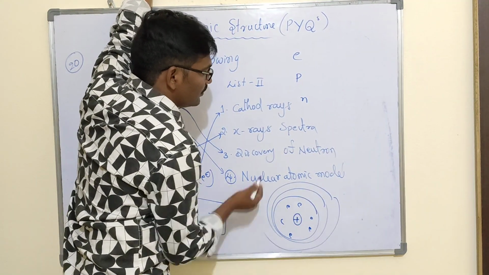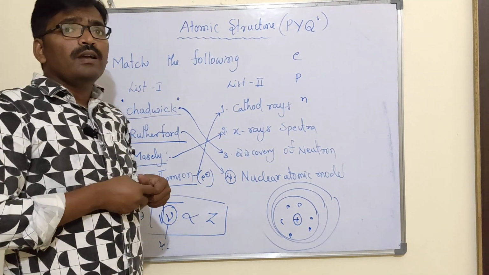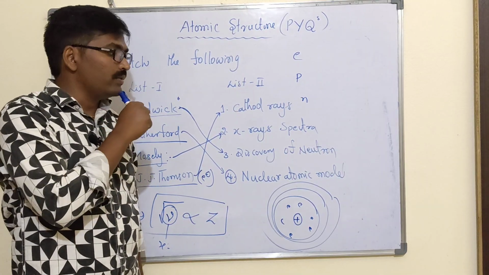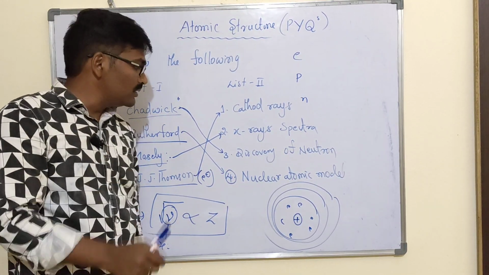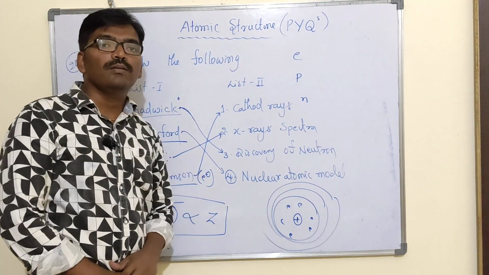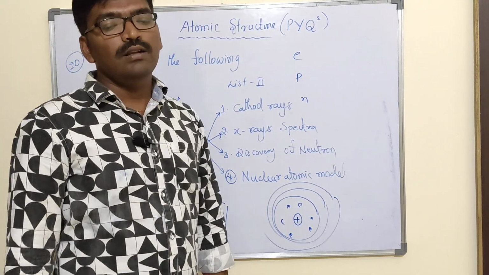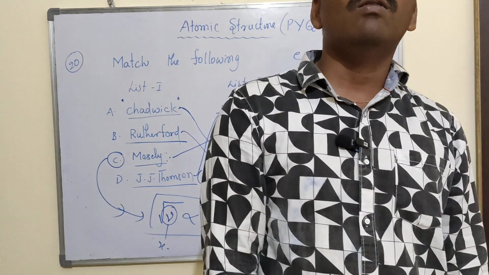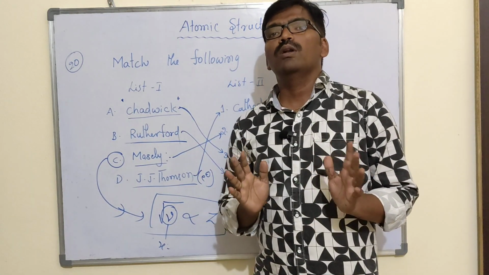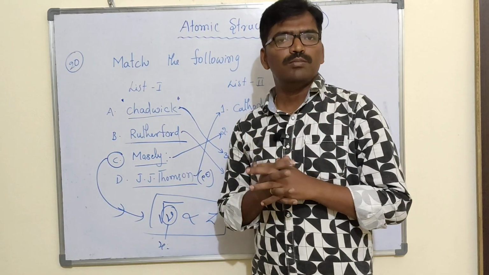Just as planets are revolving around the sun, electrons also revolve around the nucleus. That's why we call it the nuclear atomic model. So these are the important previous year questions from the structure of atom chapter.